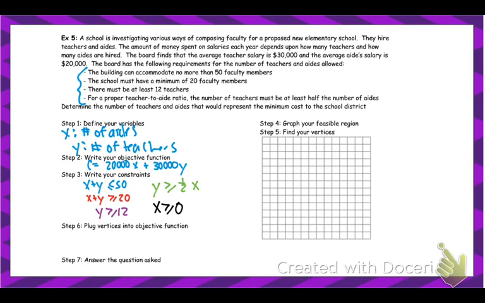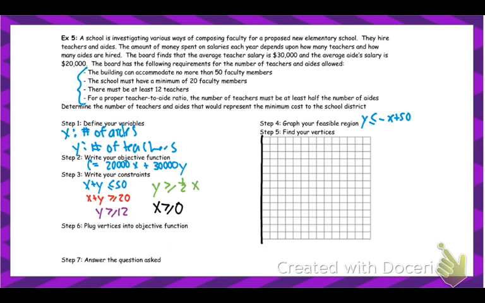Step 4, we're going to graph our feasible region. We're going to graph all these equations and find the area where all of these are shaded. So x is greater than or equal to 0. If I solve for y in that top equation, I would get y is less than or equal to negative x plus 50.